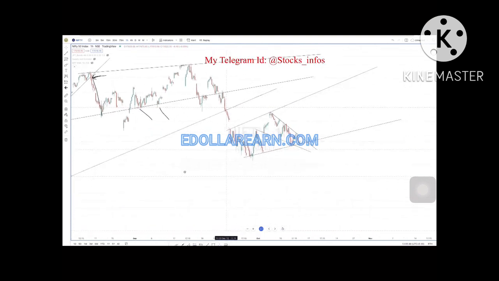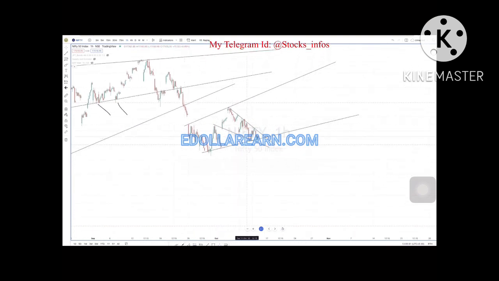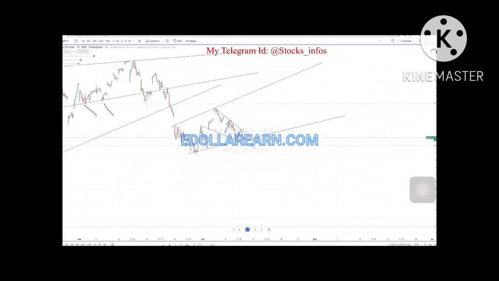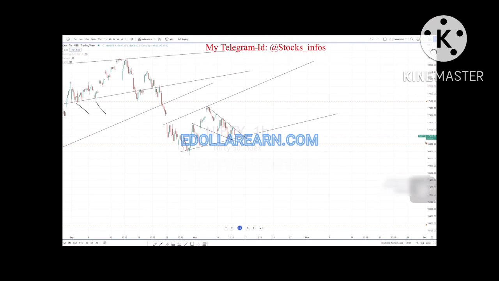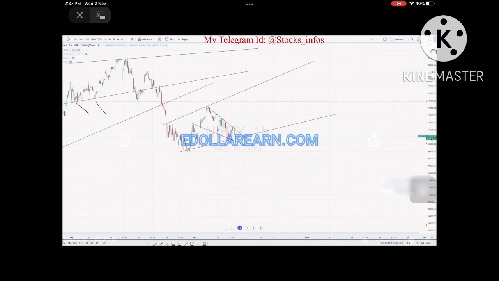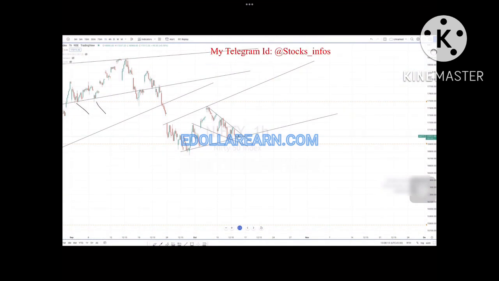And if you look at this one, it is currently taking support in this trend line. Just a moment, let me adjust this. So the price is currently 17,000, and the 1 hour time frame has to end.